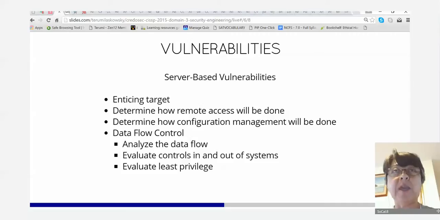How do you make sure that nobody's making any changes to the baseline configuration? Data flow control: make sure that people are going in and out the way you expect, analyze data flows, check the controls and safeguards, and evaluate least privilege. So these are some of the things to do for server-based vulnerabilities.